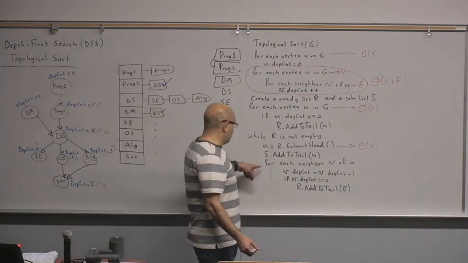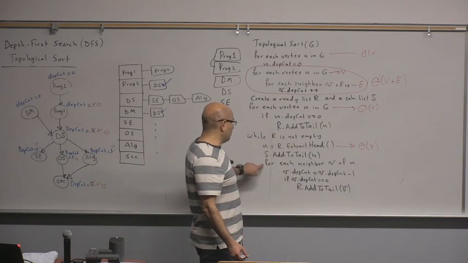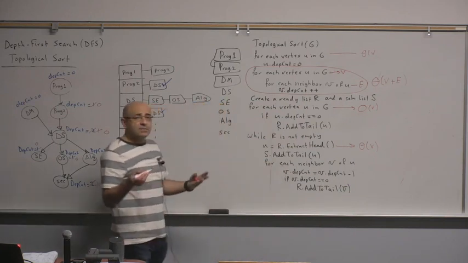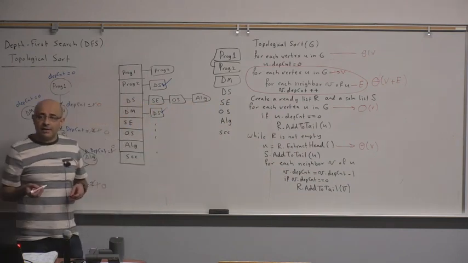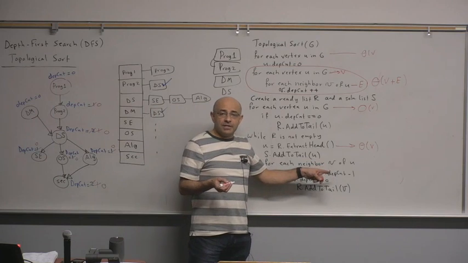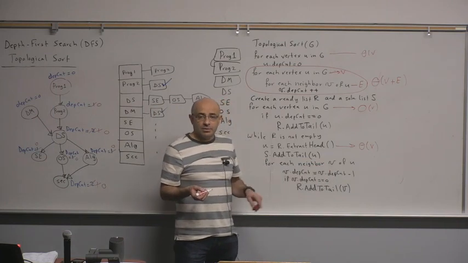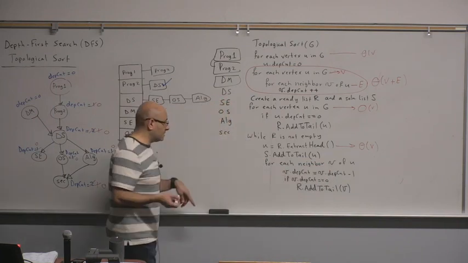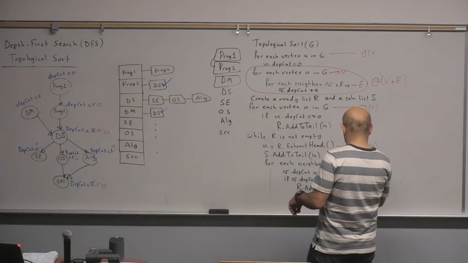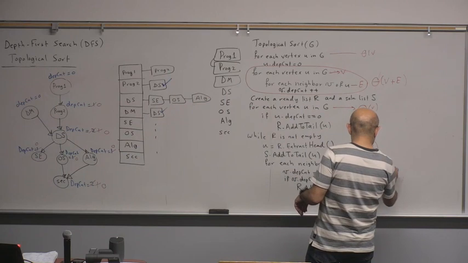Now, here, this for loop for each neighbor, again, this is one of those loops that visits all the neighbors. So this is one of those loops that is going to visit every edge in the graph. So it's yet another loop that visits all the edges in the graph. So this line is going to be executed theta of E.